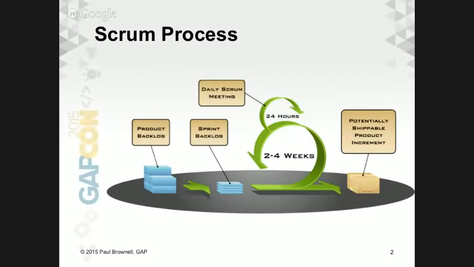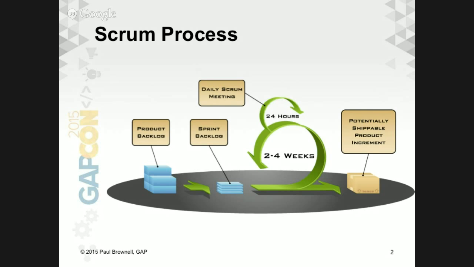How many people are familiar with Scrum? Many? Okay. So I won't spend a lot of time on this. I'll do just a small review. The idea with Scrum, the green wheel in the middle is the Scrum cycle. So there's a daily cycle, the very little one, where you're taking a chunk of work, working on it. When it's finished, it goes into the pile on the right.